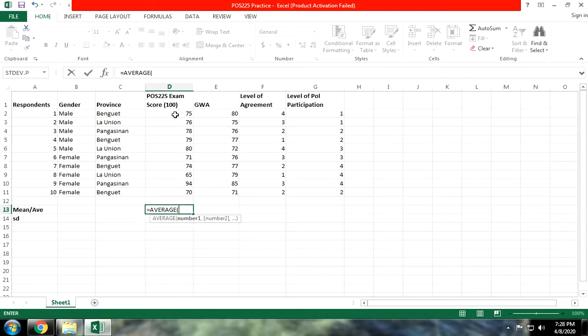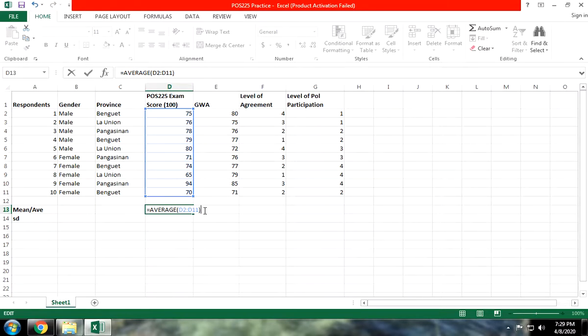Make sure you select from the first respondent up to the last respondent, the cell starting at respondent 1 up to the very end. For the sake of the tutorial, we can add a parenthesis, or after selecting the last respondent we could immediately press enter.